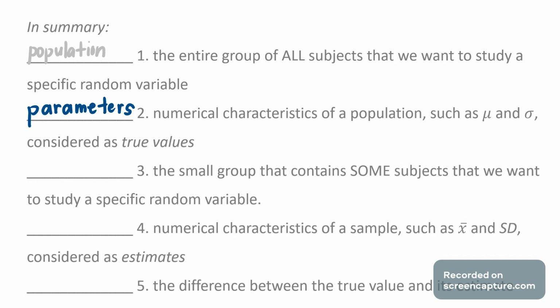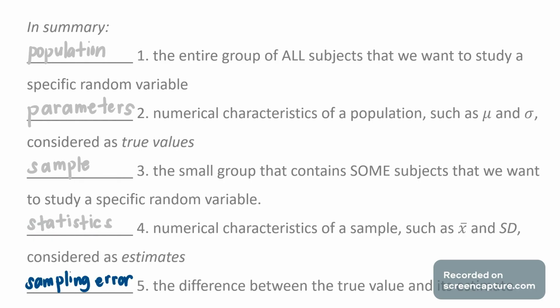This is called a sample. Fourth, numerical characteristics of a sample such as x bar and standard deviation, considered as estimates. These are called sample statistics. And lastly, number 5, the difference between the true value and its estimate, called the sampling error. There you go, our new terminologies that we will encounter.